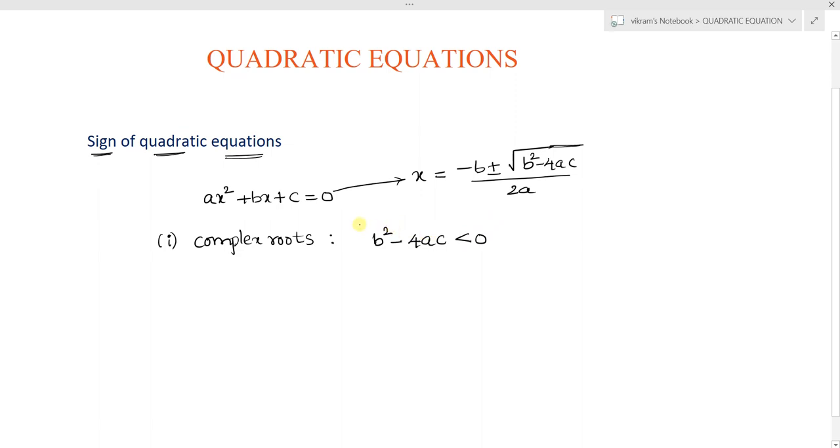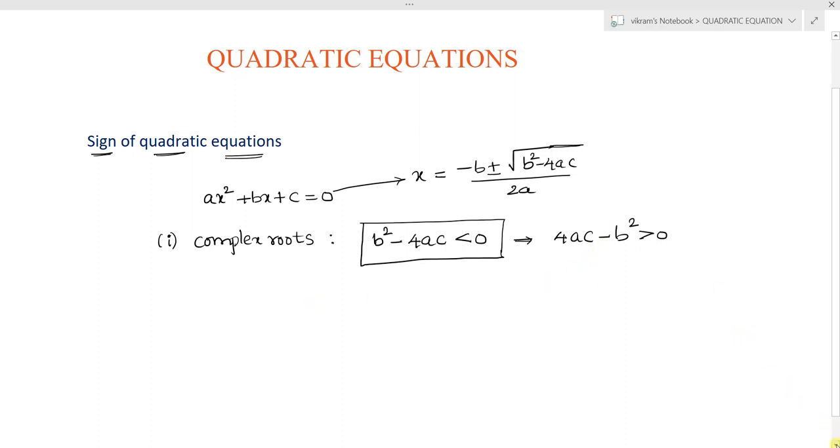This can also be written as 4ac minus b square is greater than 0.